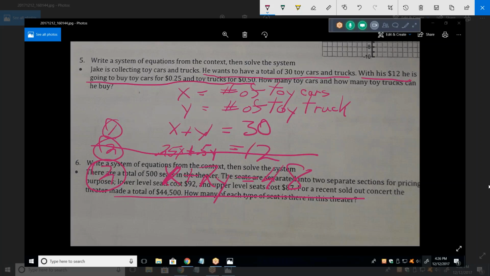Notice why that's slightly better. X is still going to go away. It doesn't matter which way I do it. But subtracting 1 from 2 is going to give me nothing but positive coefficients, not negative coefficients, which is where I'm headed right now. So what is equation 2 minus equation 1 equal?